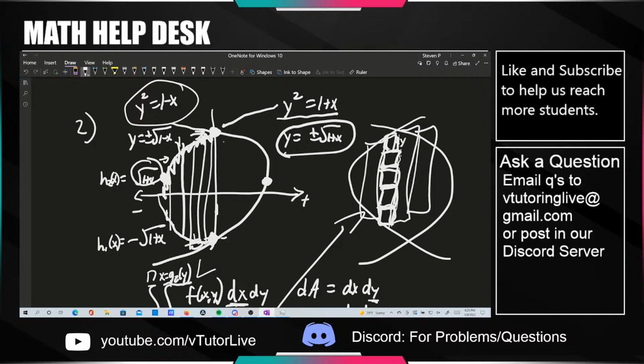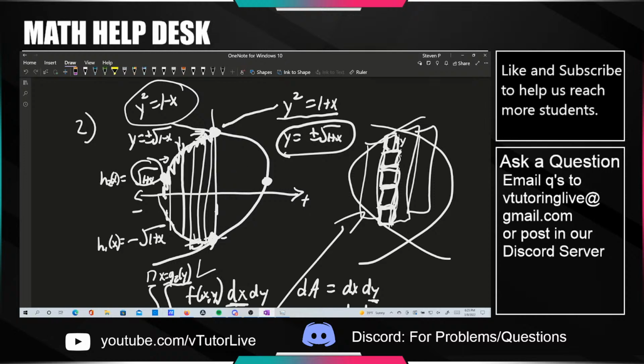But once you get to the other side, it changes. Now we suddenly need to start using this curve, which is y squared is equal to 1 minus x.